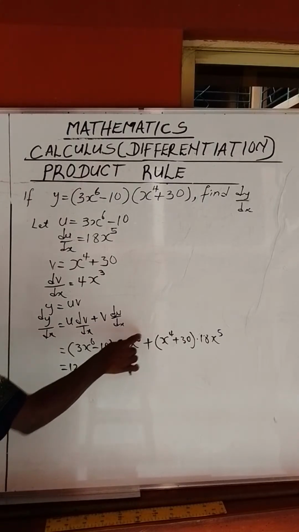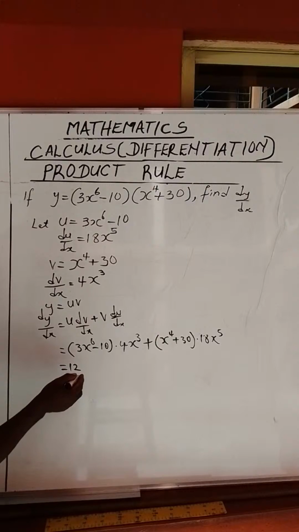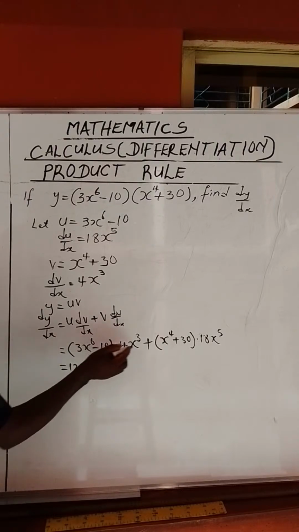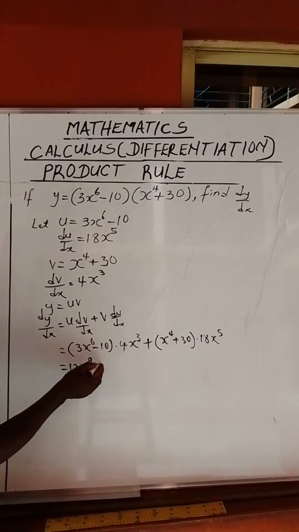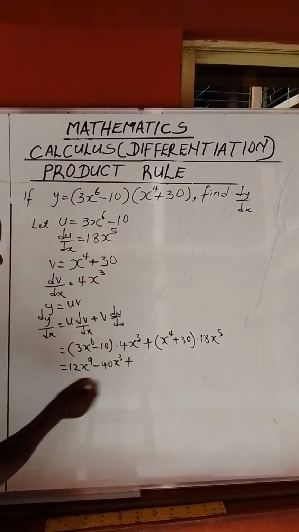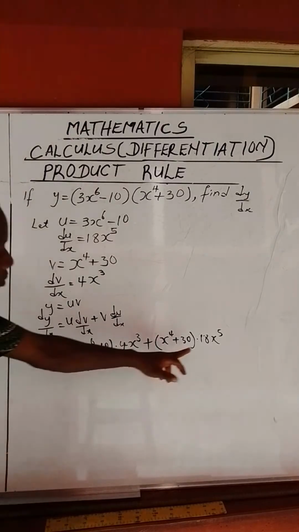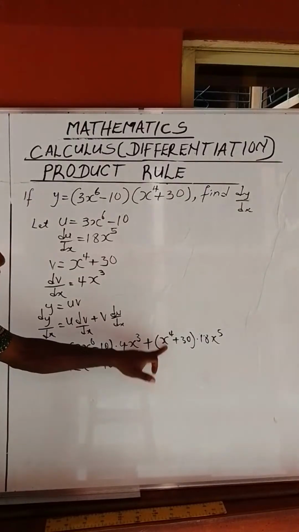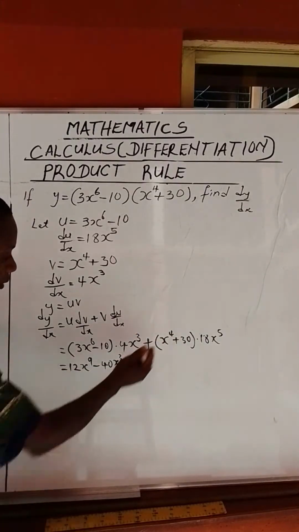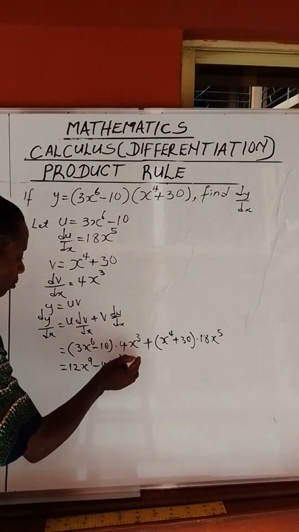Then x raised to the power 3 times x raised to the power 6 is x raised to the power 9. Then minus 10 times 4, which is 40, with x raised to the power 3. Then plus 18 times x raised to the power 4.